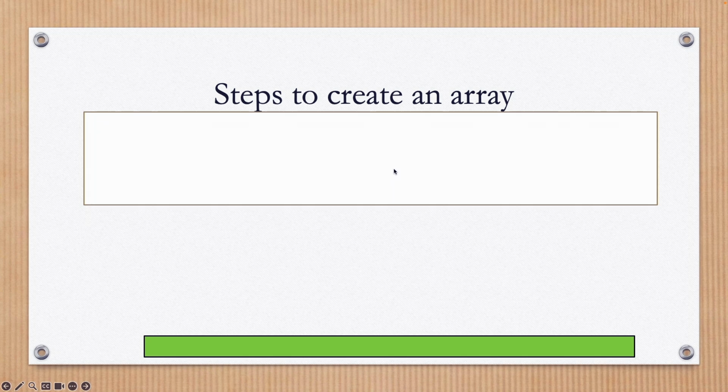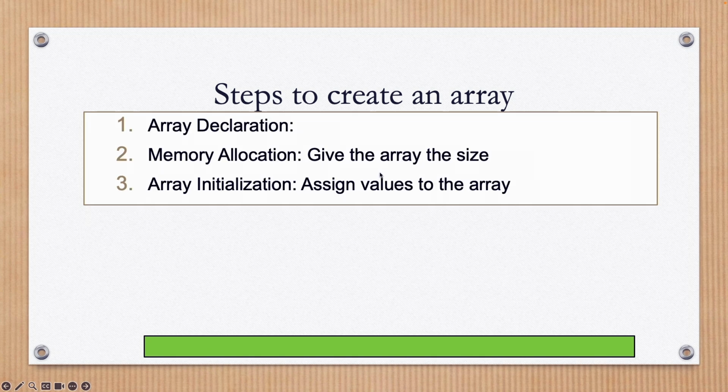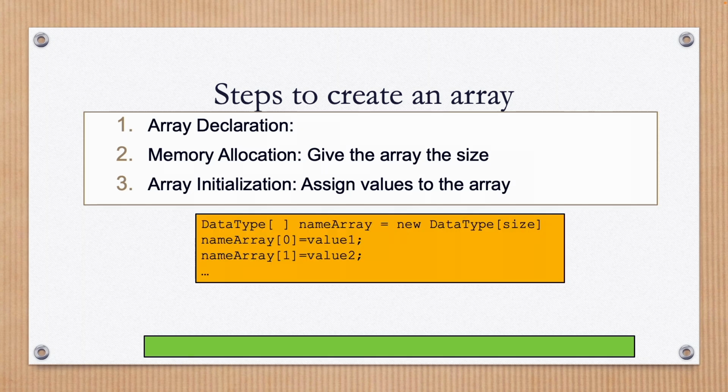Let's take a look at the steps to create an array first. First, you've got to declare an array, like how you declared a variable. And second, we've got to give the size of the array. We call this memory allocation. And then once we have done this, we've got to assign values to the array. One way to do this is this way.